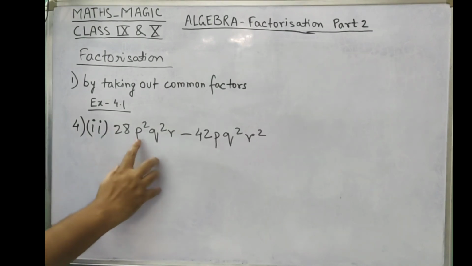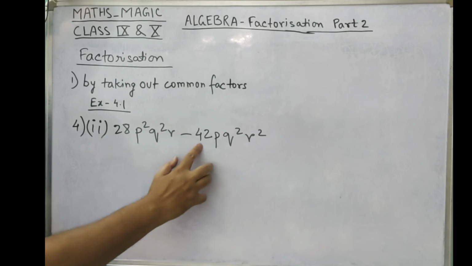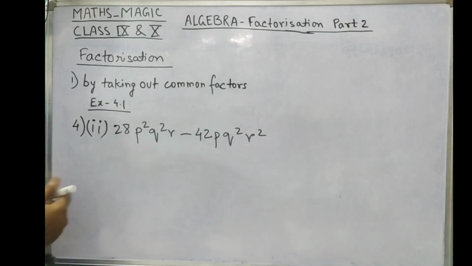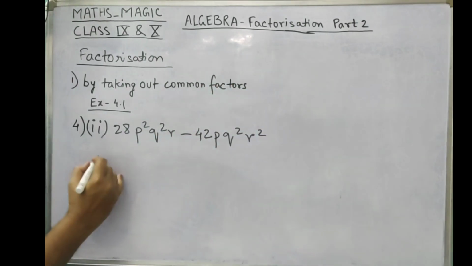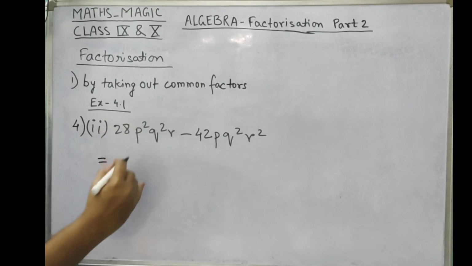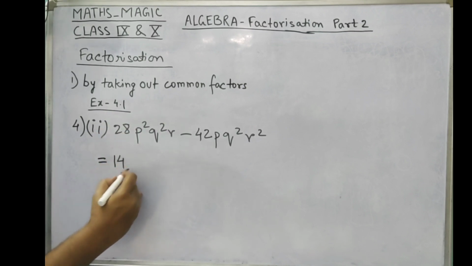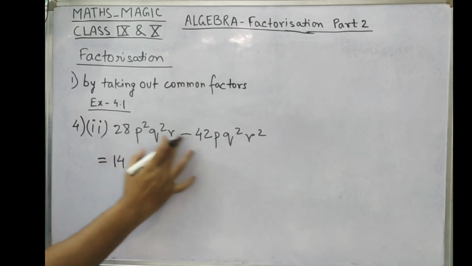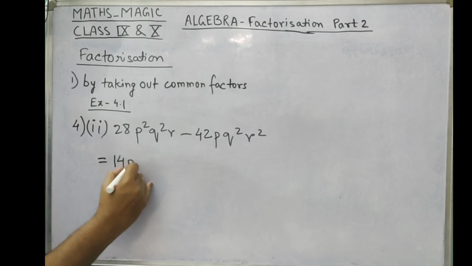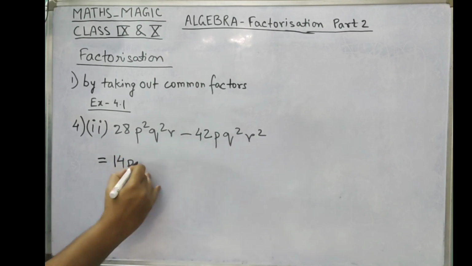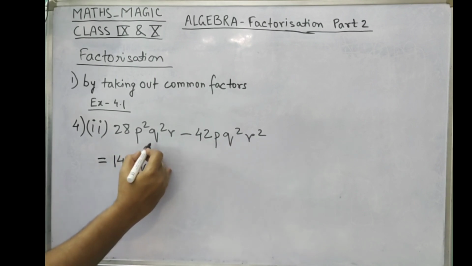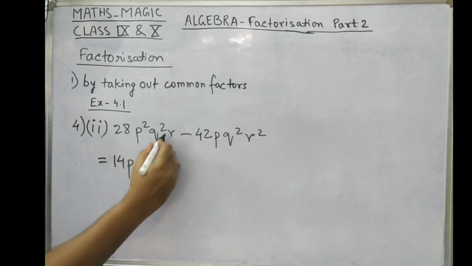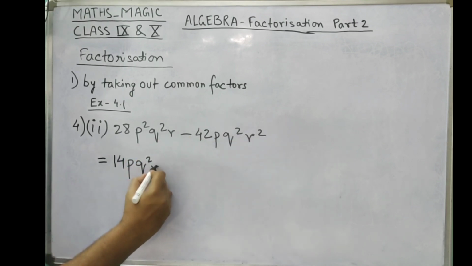4 part 2: 28p square q square r minus 42p q square r square. Now we'll take out the HCF. Here by taking out the HCF, you will be left with 14 for the numerics. And p square, so common is p; q square, common is q square; r square, so common is r.